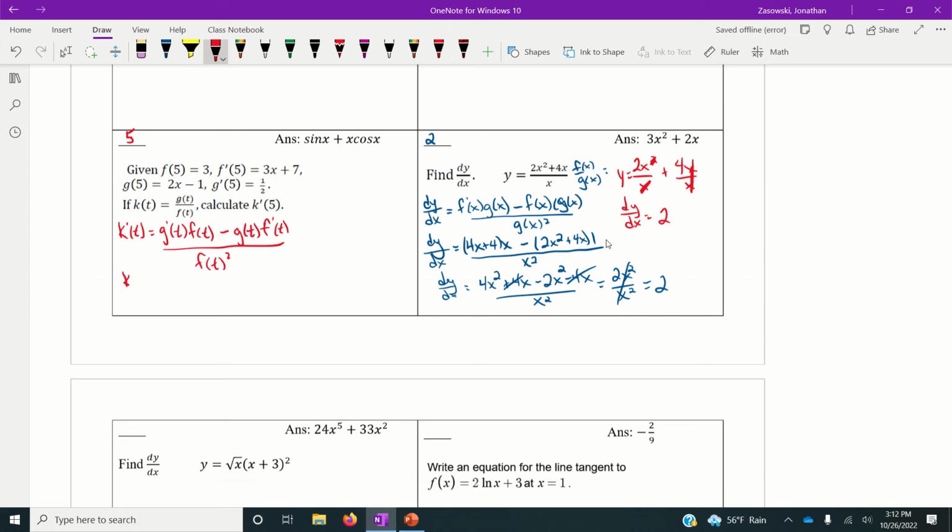So if we do k prime of 5, we're just going to take g prime of 5. Now we're going to look, g prime of 5 is a half times f prime of 5, right, or f of 5, sorry, okay, which is just 3, minus g of 5, g of 5 is 2x minus 1, and then f prime of 5 is 3x plus 7.